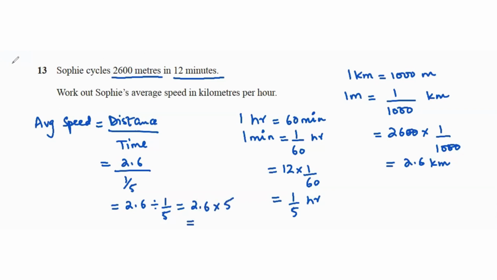Now 2.6 times 5 is going to be: 5 times 6 is 30. 0, carry the 3. 5 times 2 is 10. 10 plus 3 is 13. So your answer is 13 kilometers per hour.